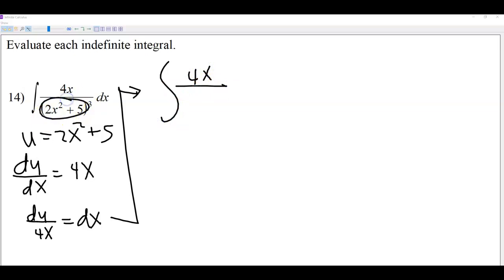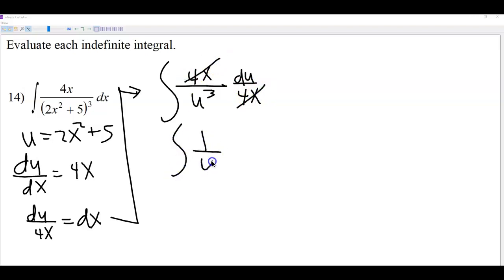I'll replace that with u. I'll replace that with this. And then we cancel. And I'm left with this more familiar looking expression here.